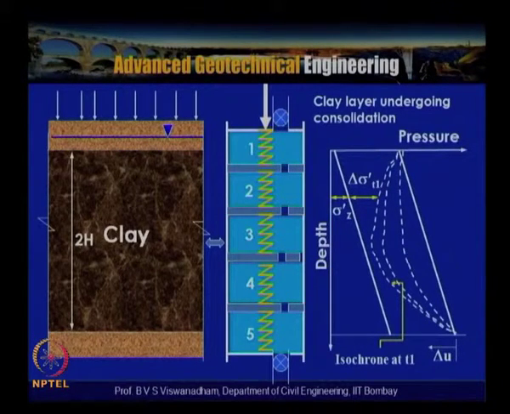Here the movement of the isochrones happens, and the time required for the dissipation of the pore water pressure is called the time lag, which depends upon the permeability of the soil.